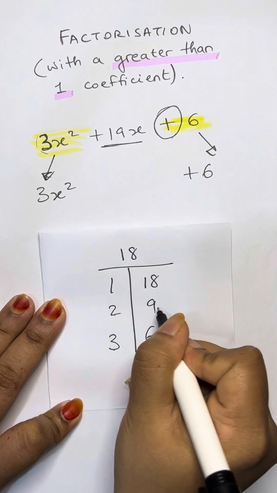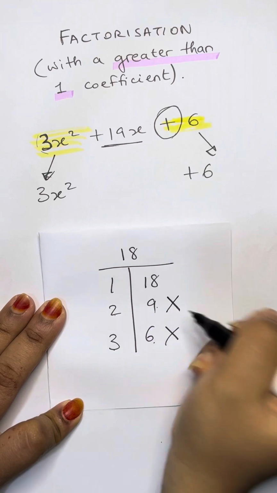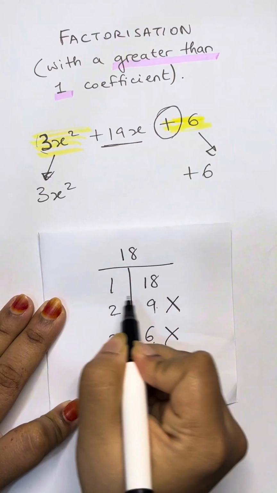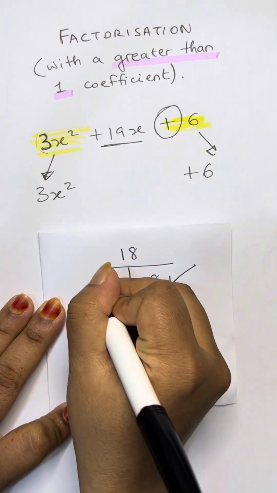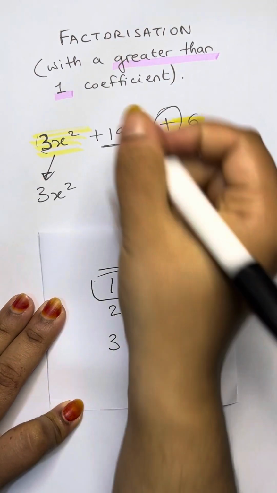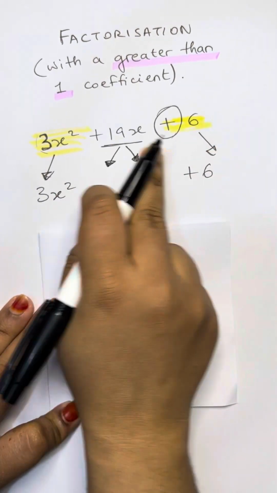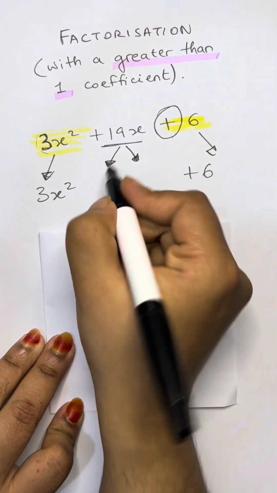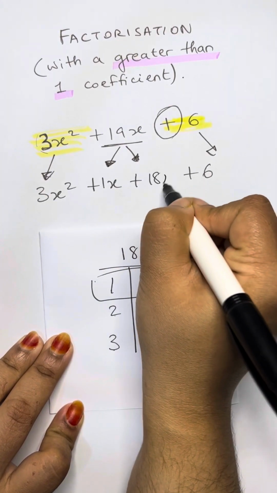If we add 2 and 9, do we get 19? No, that's just 11. If we add 1 and 18, we do get 19. So these are the two factors that we're looking for. Then we are going to rewrite this plus 19x separately as plus 1x and plus 18x.